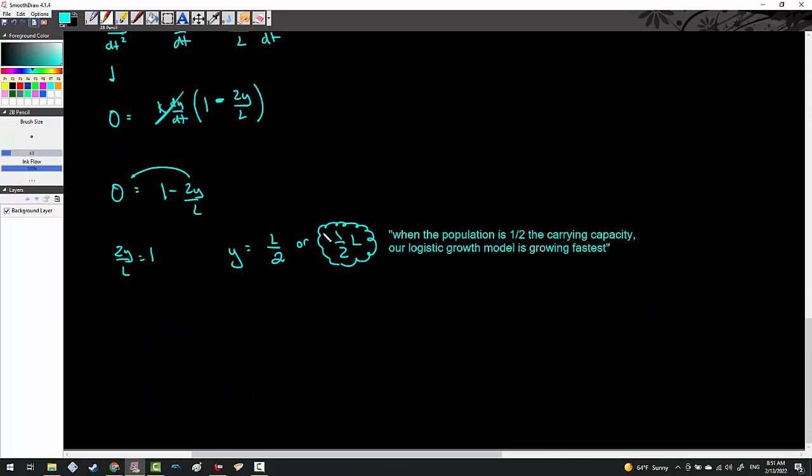Now, actually, I made an assumption there because that could be a local minimum, but I will show you what that means. If I was to punch this thing into a sign chart, L over 2, and I was to look at this as a linear function, it goes from plus to minus at L over 2.